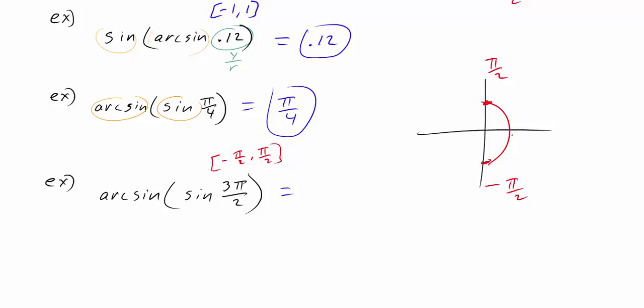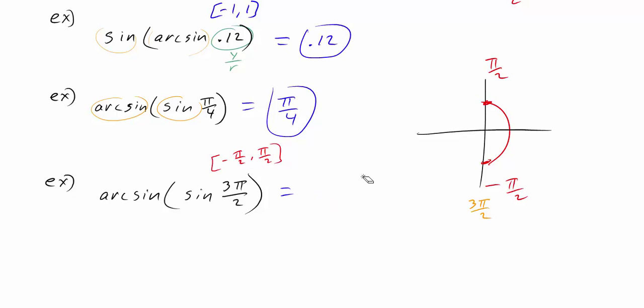Well, 3 pi over 2 is actually located here. So 3 pi over 2 is much bigger than pi over 2, so that means this answer is not going to be 3 pi over 2 because it's not within this range of negative pi over 2 to positive pi over 2.